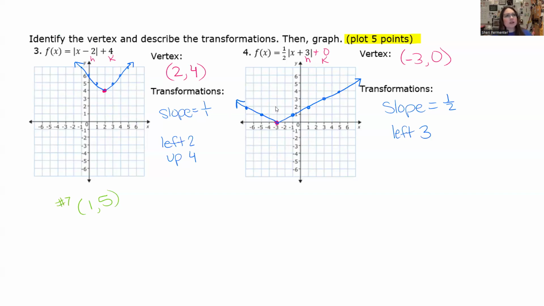If I go to my graph, it says when X is equal to 1, f of 1 should equal 5. So I go up to 5. Yes, it does. It's on my graph. So this point right here represents this point right here. If I plug in 1 algebraically, I get 5 as my answer. So that's what the last few questions are asking. So we can go back and do the next one.